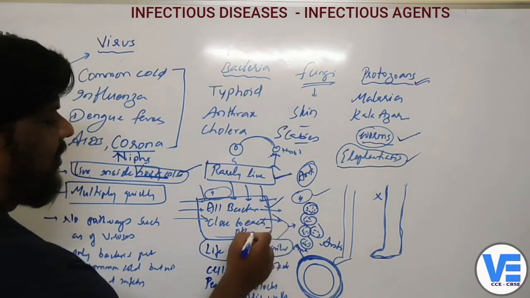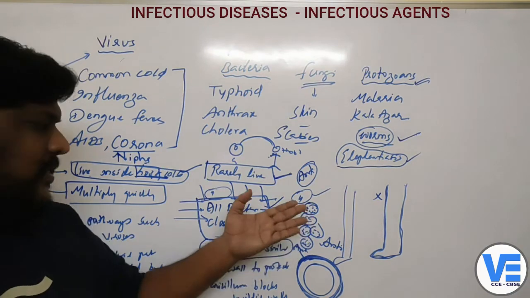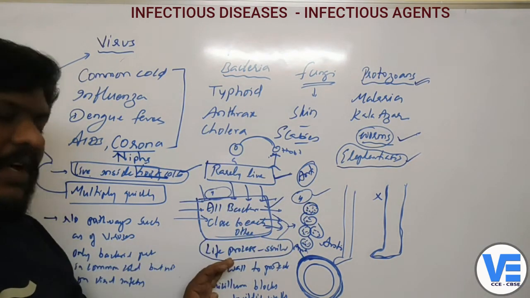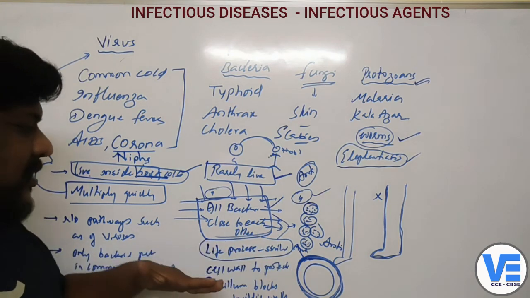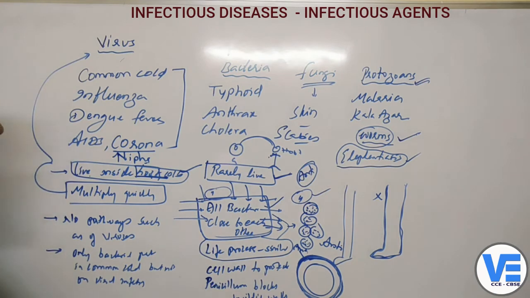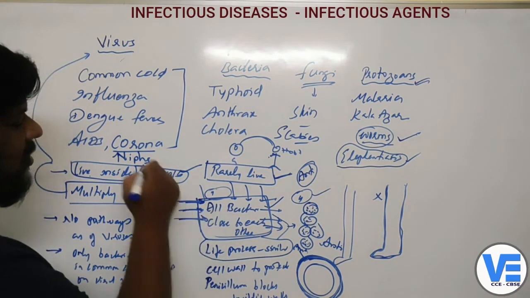For several bacterial infections we use similar kinds of antibiotics, because their life processes and characteristic features are very similar, and that is how antibiotics can very easily act on the bacteria.